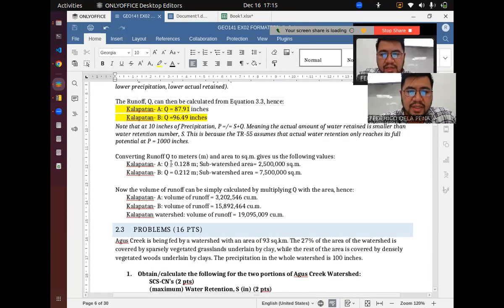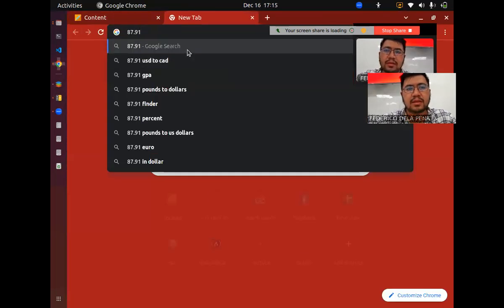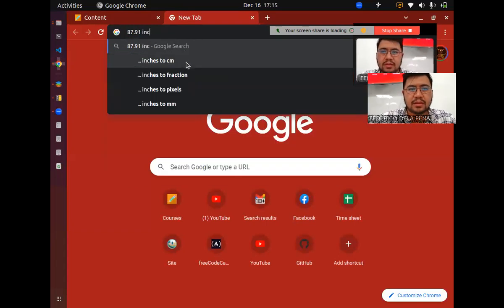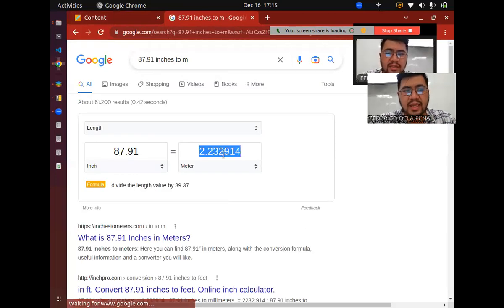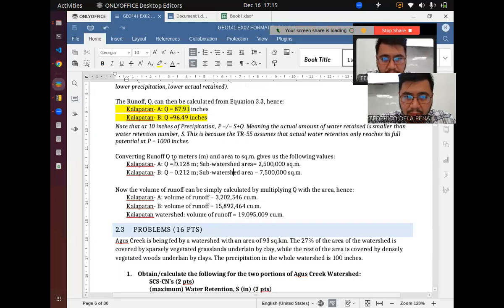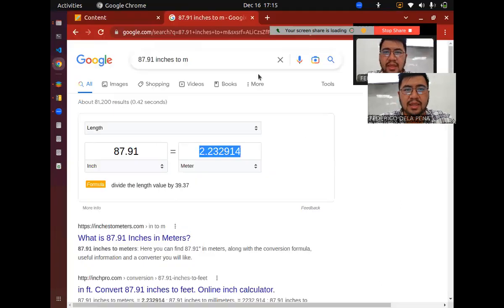So let's convert first the inches to meters. We actually have 2 meters of runoff. Then you just have to multiply it by the sub-watershed area.